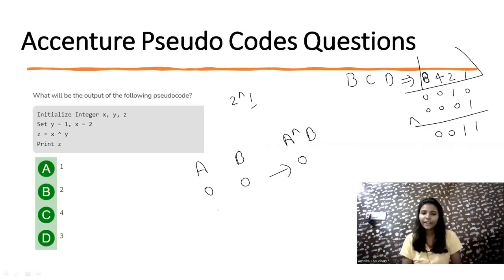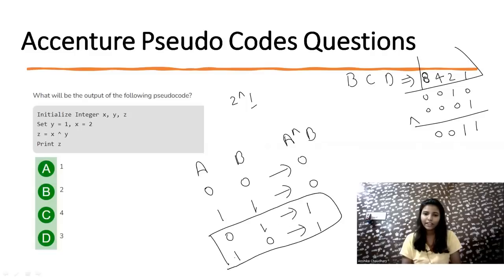If the value of A is 1 and the value of B is also 1, then it again gives 0. This is the operation of XOR. If it is 0 and 1, it will give 1. If it is 1 and 0, it will give 1. So if both digits are different, only then will it give 1. If both digits are the same, it will give 0. So this is the required output.